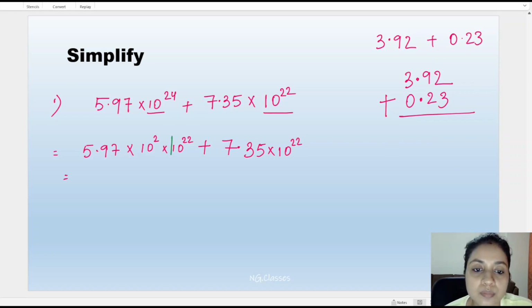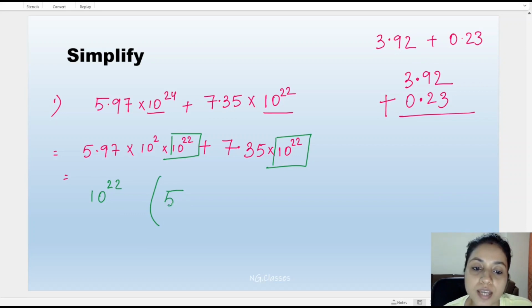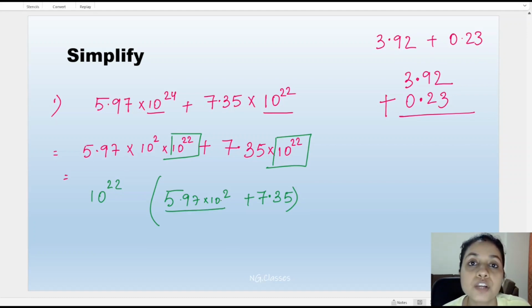Now this term and this term became the same. Since the power is the same, we can take it out as a common factor. So let's take it out. We are left with 5.97 times 10 to the power 2 plus 7.35. Now we can add, but before adding, let's write the first term in its usual form.